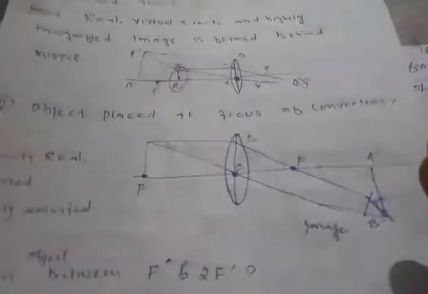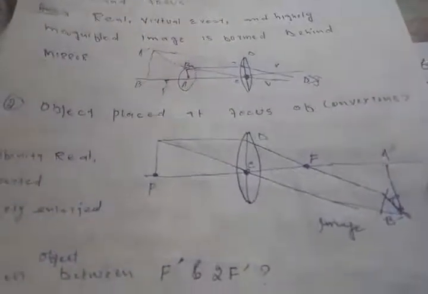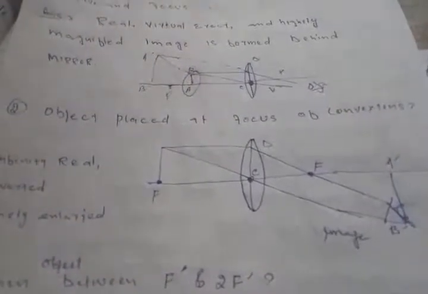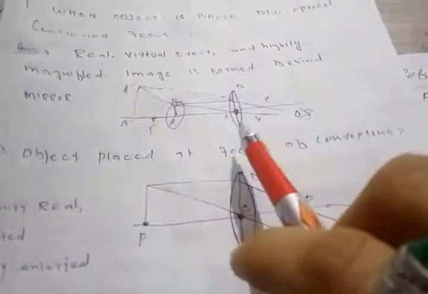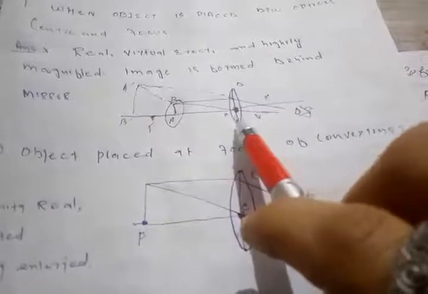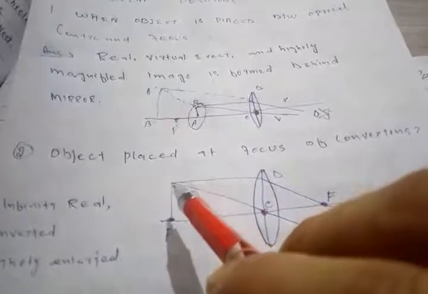Then in the second case, the question says when the object is placed at the focus point. In the first case, let us students study, I had placed the object between the optical center and the focus point. Then in the second case, the examiner will ask that we have to place the object at the focus.